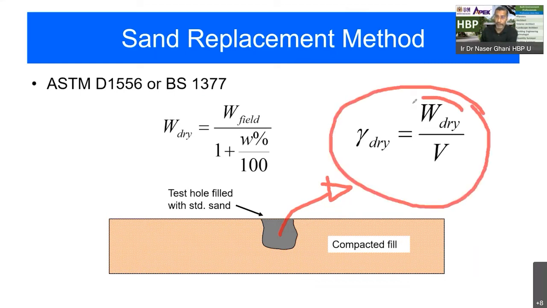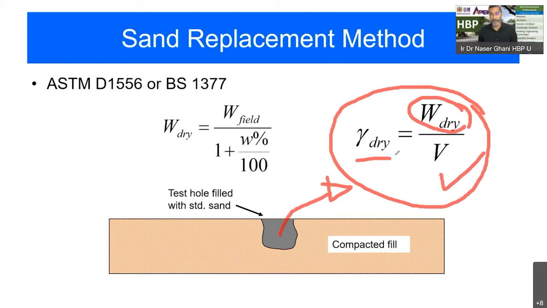We weigh the soil. When you remove the soil, you can weigh that on a machine, right? So we weigh the soil and we divide by the volume of the hole, which is already established from the sand just now. And then we will get the gamma dry. So that's what we are looking for.